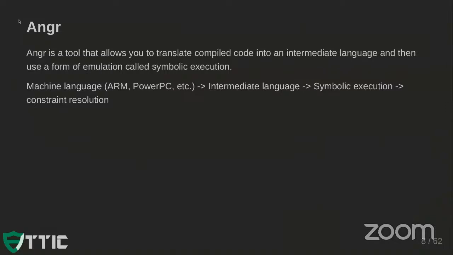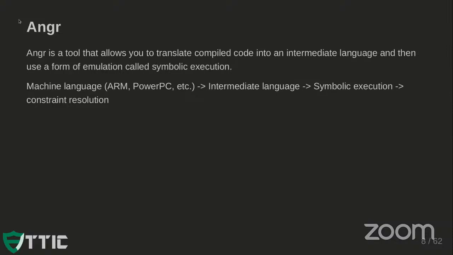So what angr does is it can ingest any binary. It supports a lot of architectures. I use it with x86, ARM, RISC. I don't know exactly which architectures it supports and which it doesn't, but most of the main ones you're likely to encounter, angr will support.